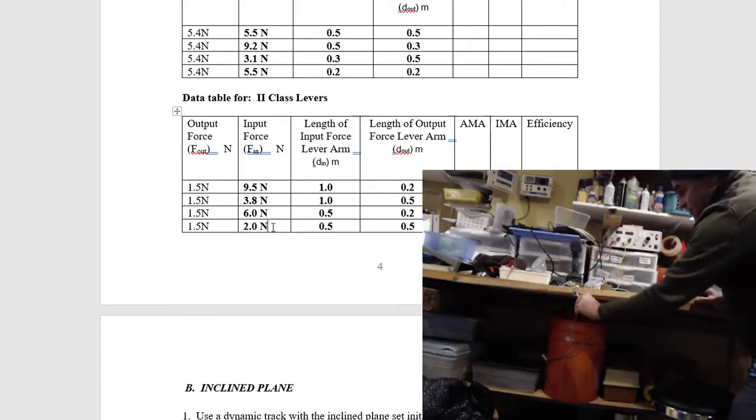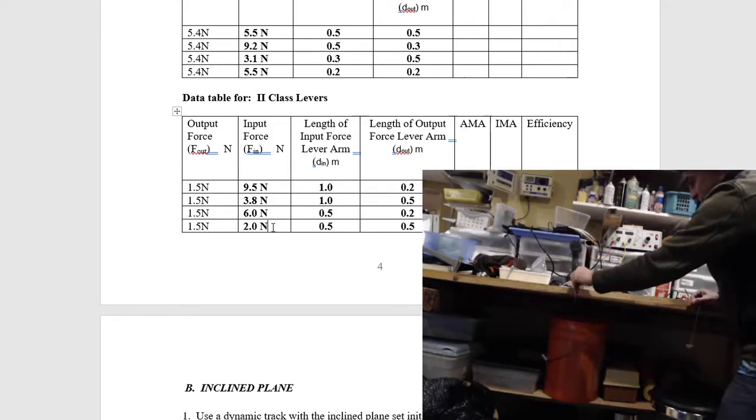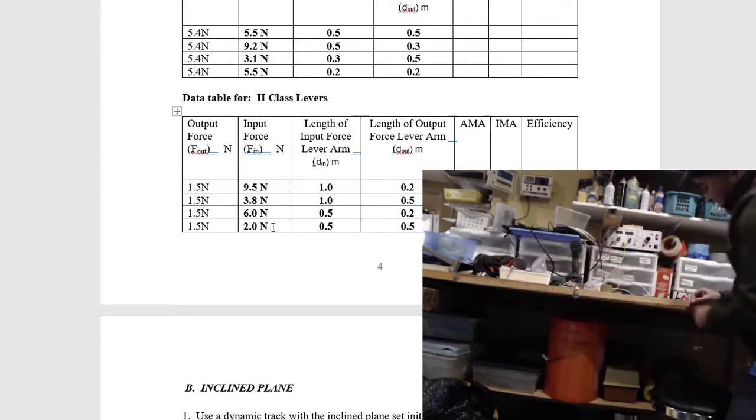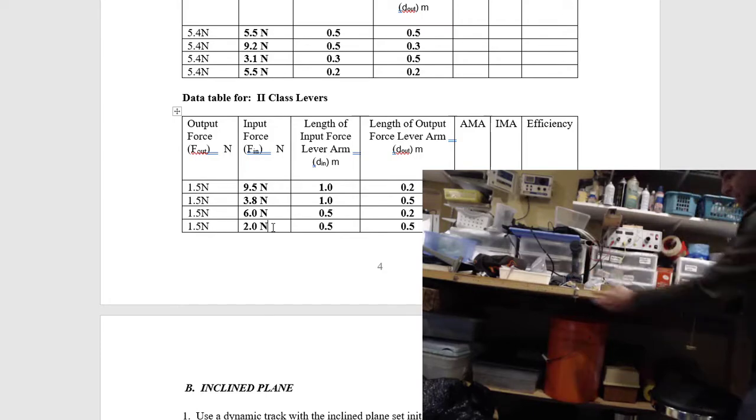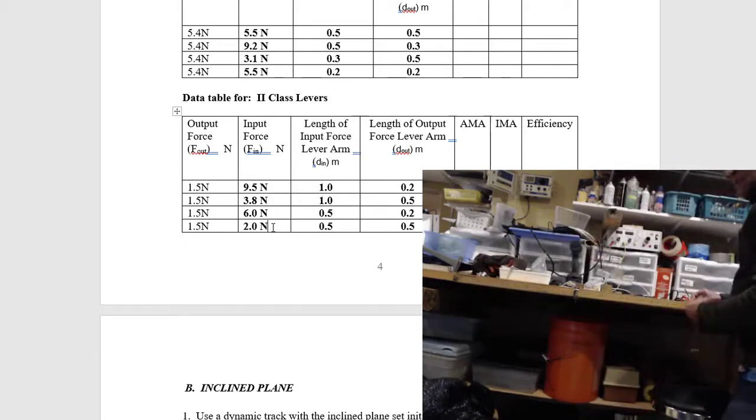So when the input force was all the way over here, not only did I have to hold up the weight, but I had to hold up the entire meter stick as well. That's being hinged from this point. So there's more and more meter stick that I'm having to account for that I was ignoring earlier. That's going to make my efficiency lower in this case than it had been in the earlier case for the class 1 lever. Little heads up.